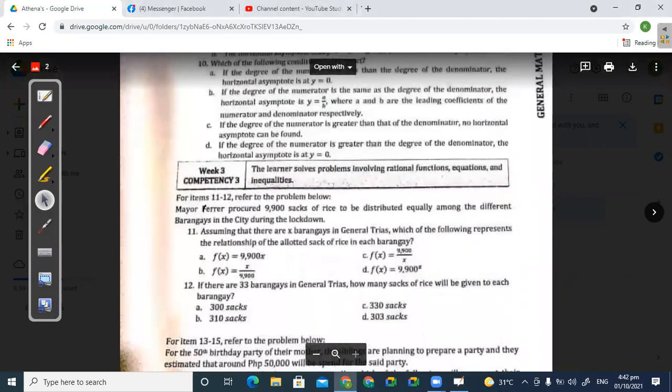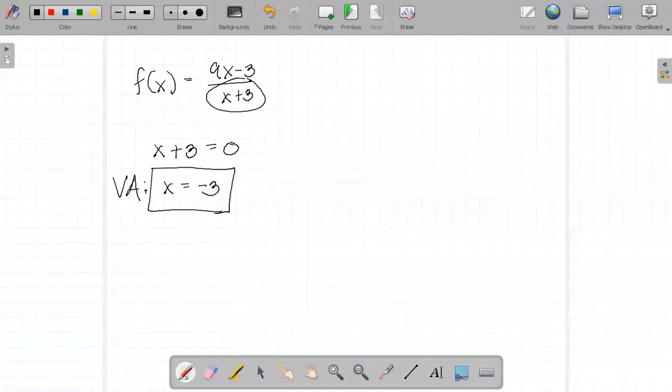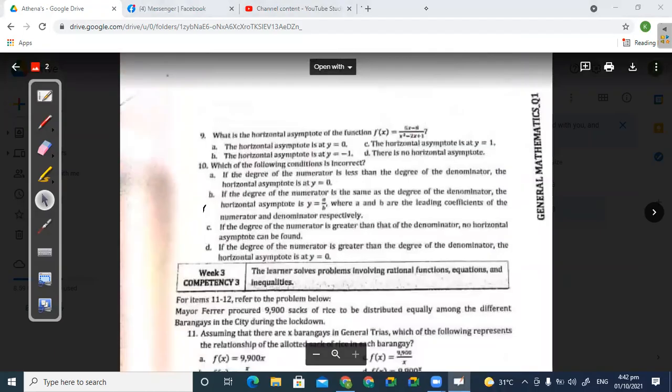Next this one. What is the horizontal asymptote of the function? Ayan, mabasa. f of x equals 5x minus 8 divided by x squared minus 2x plus 1.